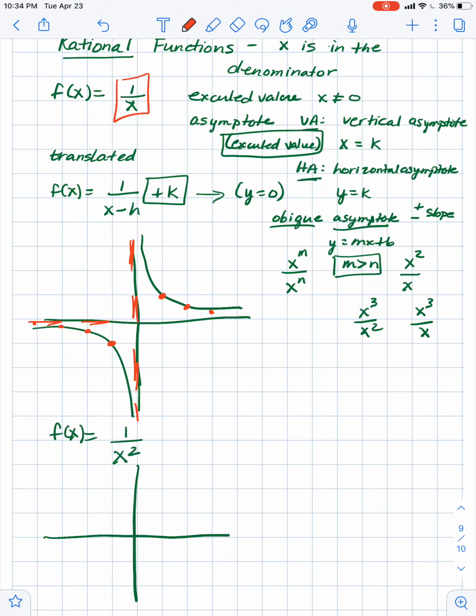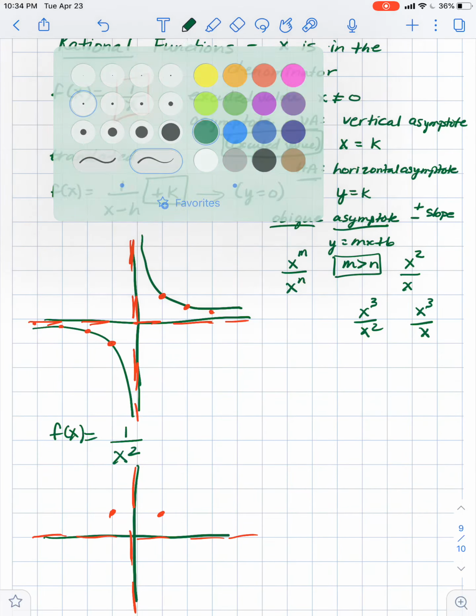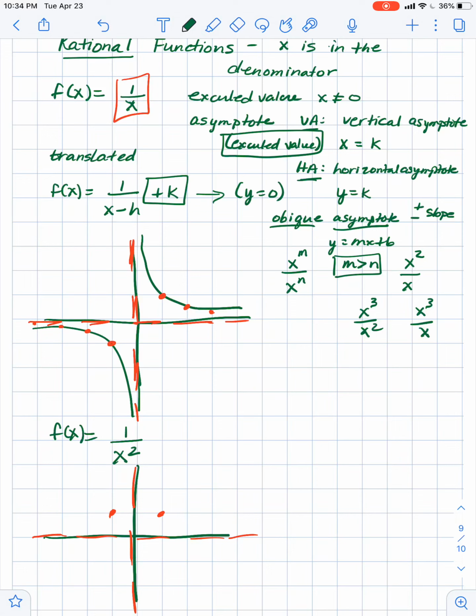Sorry about that. So again, I have my same asymptotes, but if I put in a positive 1, I get a positive value. If I put in a -1, -1 squared is also a positive value. So the difference in our graphs is that instead of being in opposite quadrants, they're both going to be in the top or in the bottom.